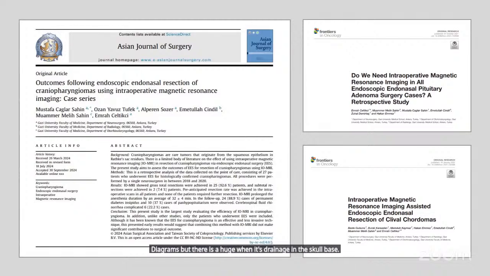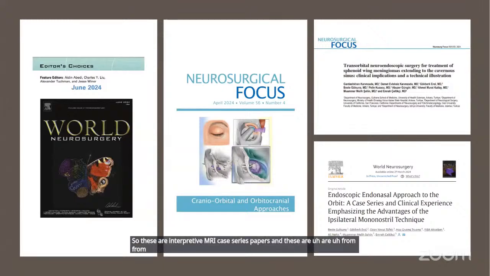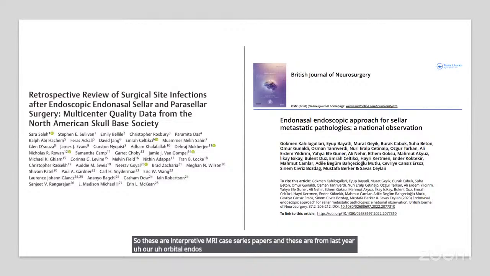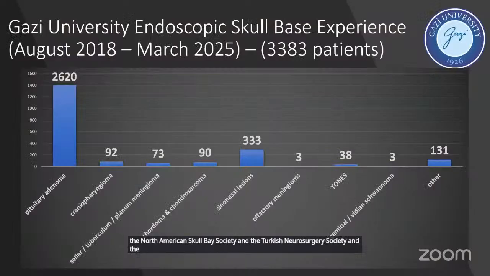So these are intraoperative MRI case series papers, and these are our orbital endoscopy papers from last year, and these are multi-center papers, both with the North American Skull Base Society and the Turkish Neurosurgery Society, and the cases that I showed you before.